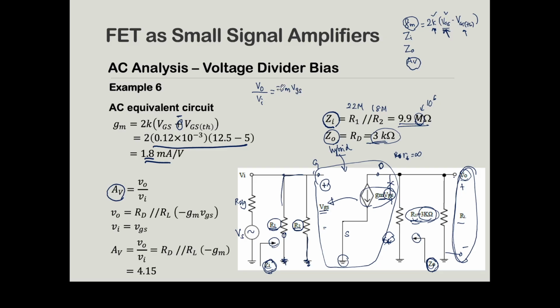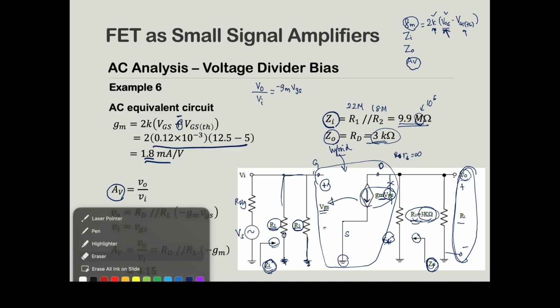Why is it negative here? Same as what I explained in BJT, because of the opposite direction of your transconductance current, you need to add the negative sign. So negative gm VGS.